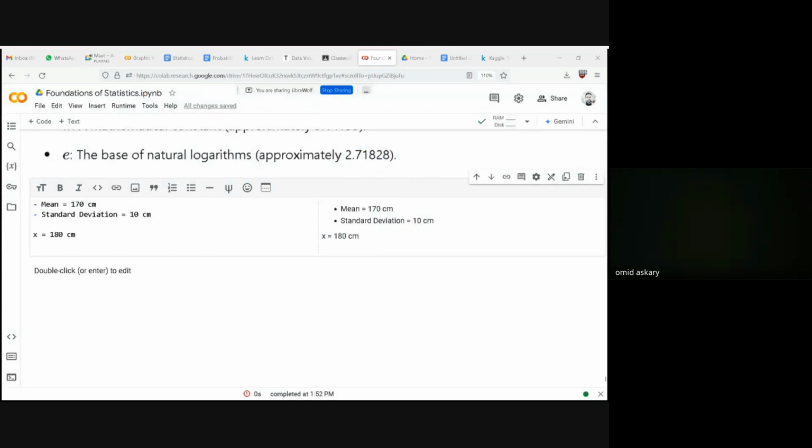Now we want to understand the probability of a person with a height of 180 centimeters, and let's solve this step by step.